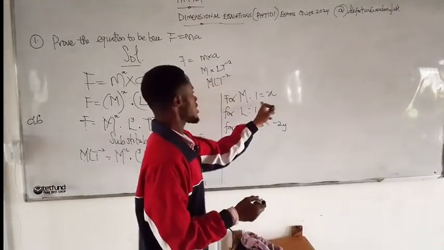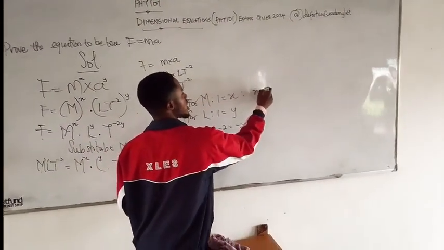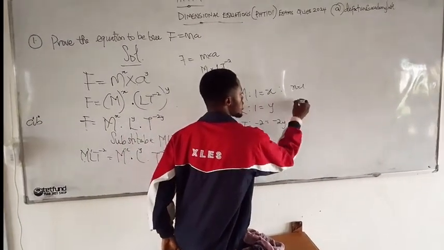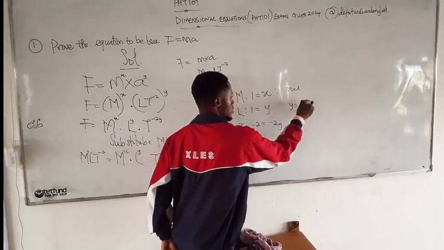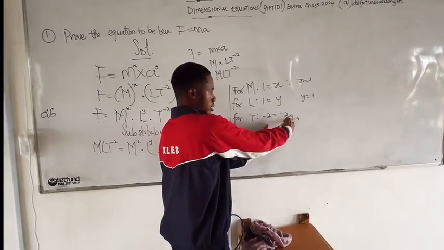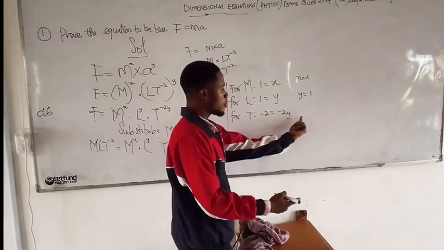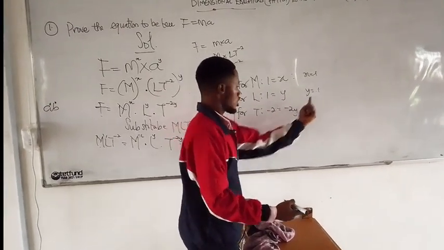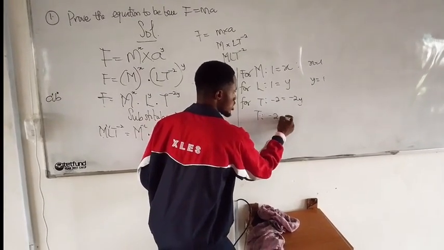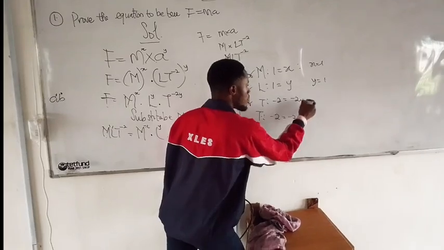Already here, you have seen that X is equals to 1. This is the same thing as saying X is equals to 1 here. It's the same thing like me saying Y is equals to 1. So that means this is already solved. But here, we have gotten Y as 1. So anywhere I see Y, I'll replace Y as 1. So I simply do, for T, I have minus 2 is equals to minus 2 bracket 1.